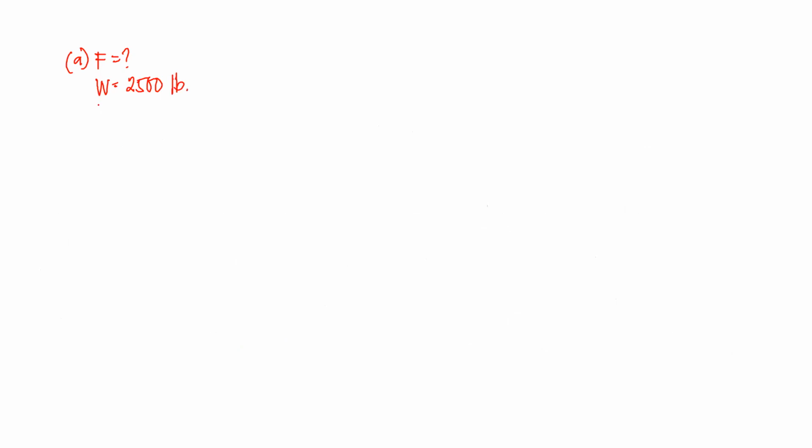And then our theta for letter A is 2.5 degrees. Okay, so in engineering and in architecture, we usually incorporate drawings into our analysis to better aid us in drawing our conclusions and also in better understanding the problem.